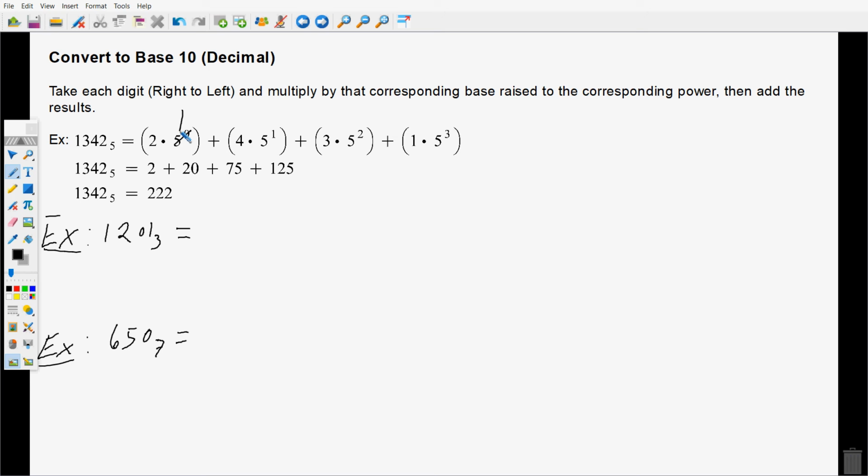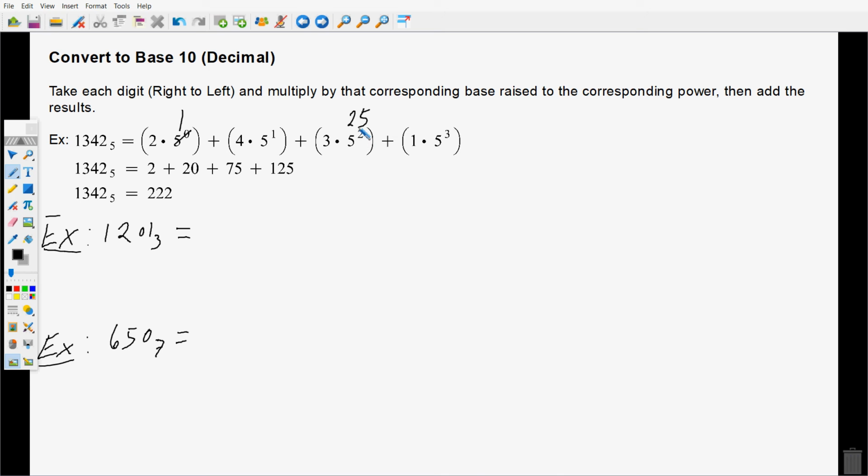For the smaller bases, if you wanted to just do that in your head, that's okay. So 5 squared is 25, and 25 times 3 is 75. And then 1 times 5 cubed would give you 125. Now that I have all those 4 numbers written down, I just add them, and I end up with 222. And I can read it as two hundred twenty-two because that is a base 10 number.